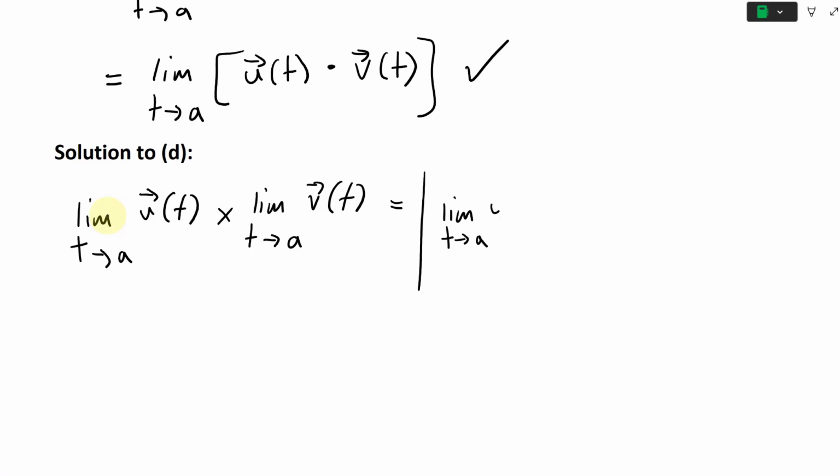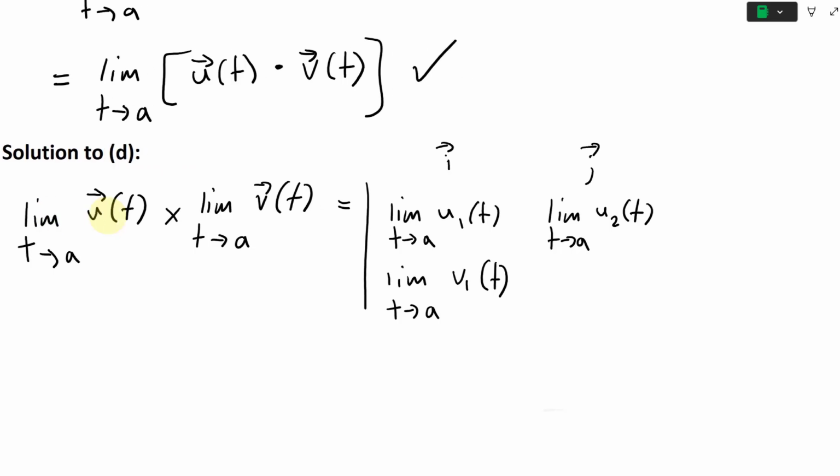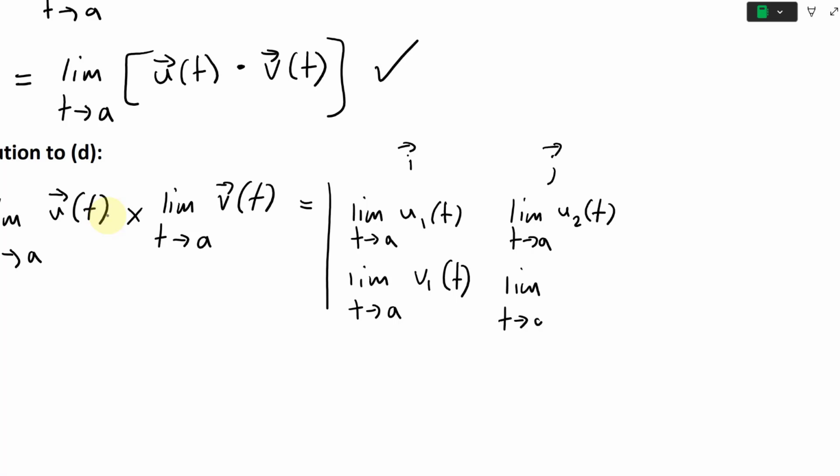So we write it like this: the top row is i, j, k, then the next row is the limit as t approaches a of u1 of t, the limit as t approaches a of u2 of t, and the limit as t approaches a of u3 of t.